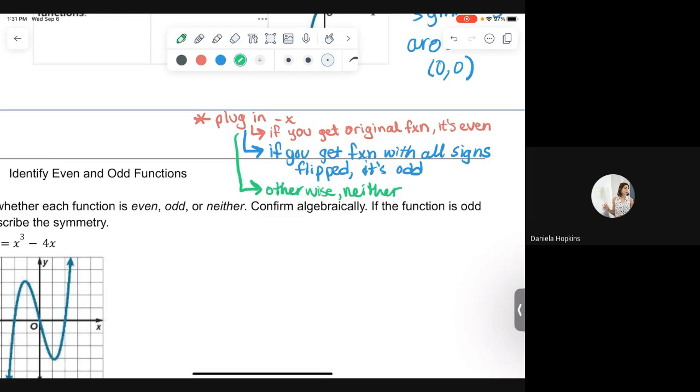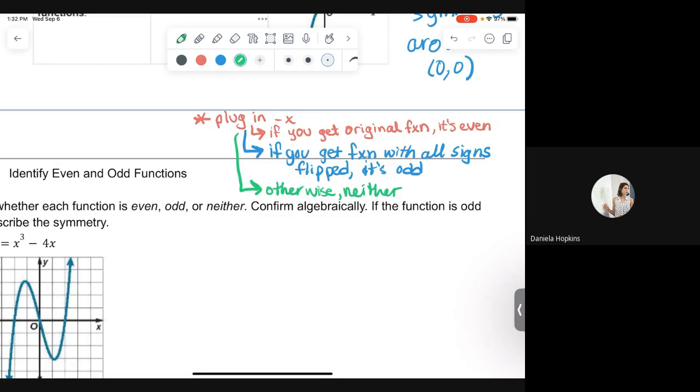So if you get the original function when you plug in negative x, it is even. If you get a function where all the signs are flipped from the original one, then it's odd. And if you get something that just doesn't match either of those, then it's neither.